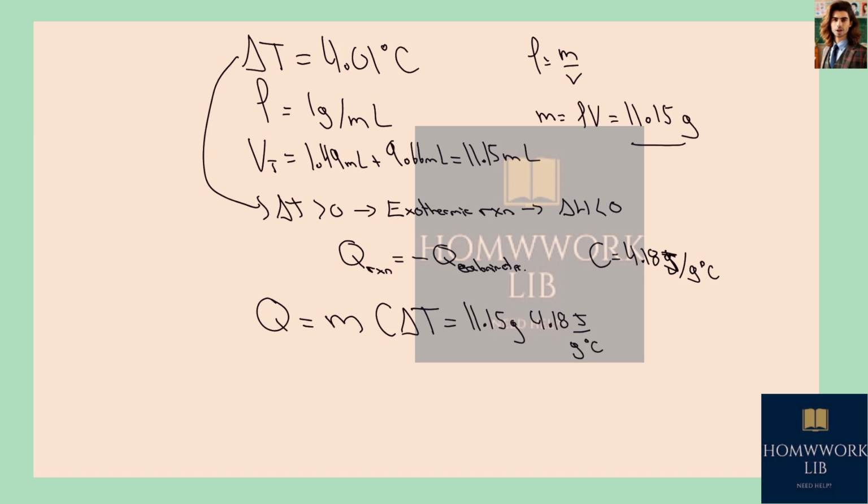And we know that delta T was 4.01 degrees Celsius. Let's put everything in parentheses and cancel up the units where we can. The result for Q of the calorimeter is equal to 186.89 joules.